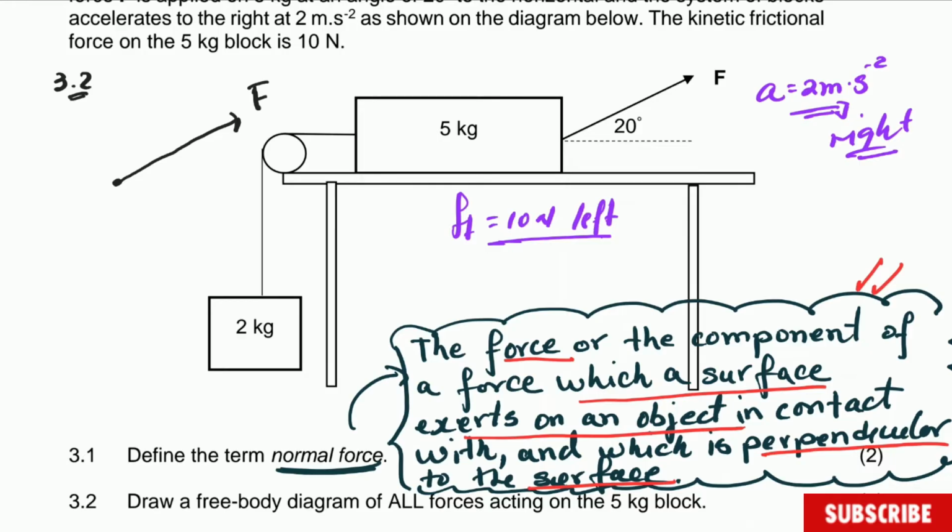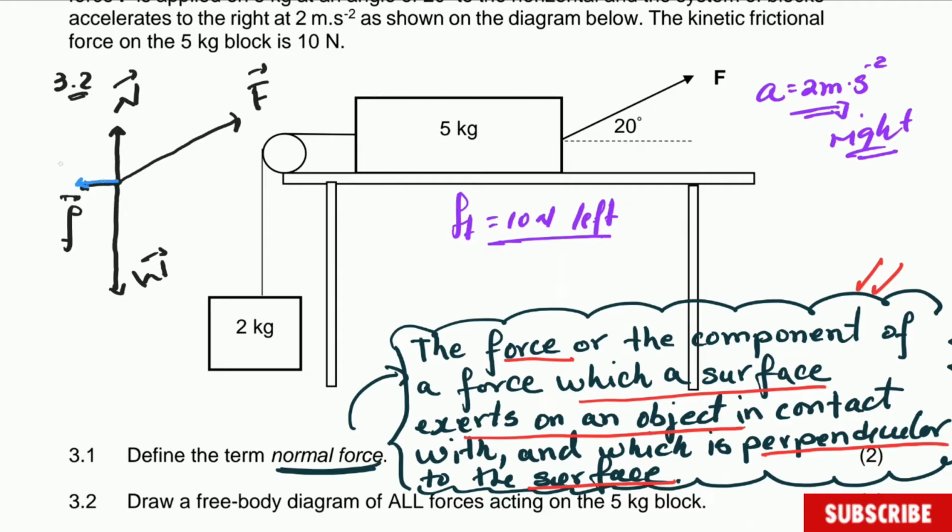We have the normal force pointing straight perpendicular to the surface, or in this case up there. These are vectors. We have the weight of the object which is pointing down, and we have the frictional force which is in the opposite direction of the motion, and we also have the tension of the rope.